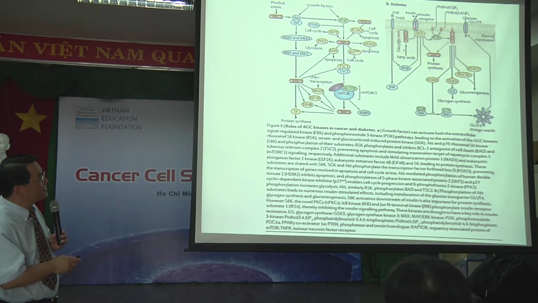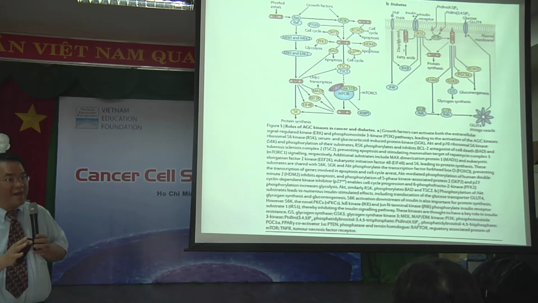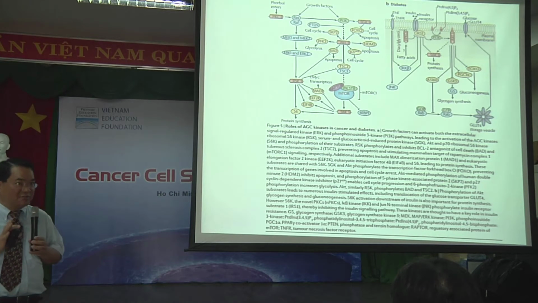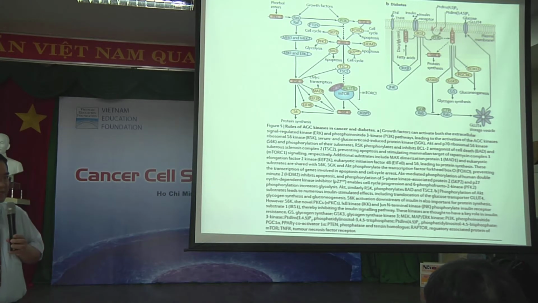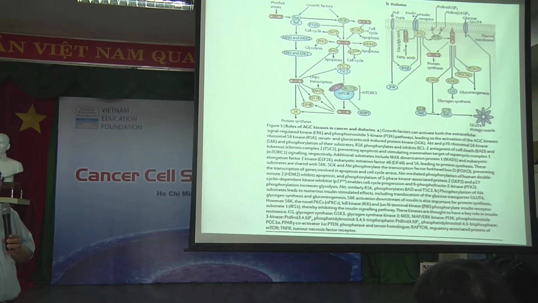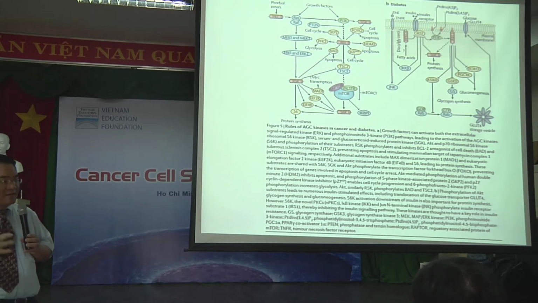The insulin receptor receives the insulin to trigger the PI3K AKT pathway. So AKT is not all bad. In our normal situation, we still need an AKT. It just becomes bad when it has a highly activated AKT. Okay?